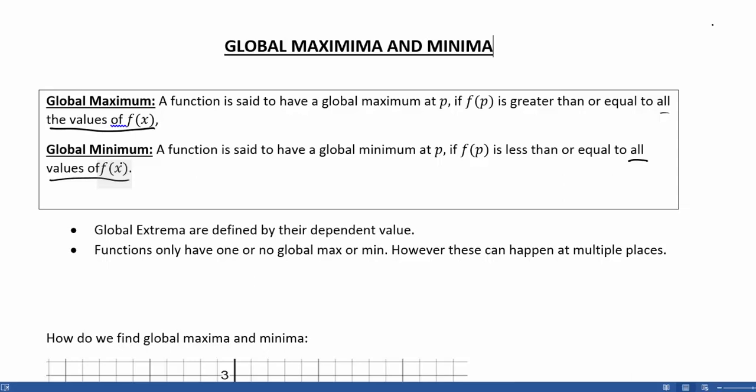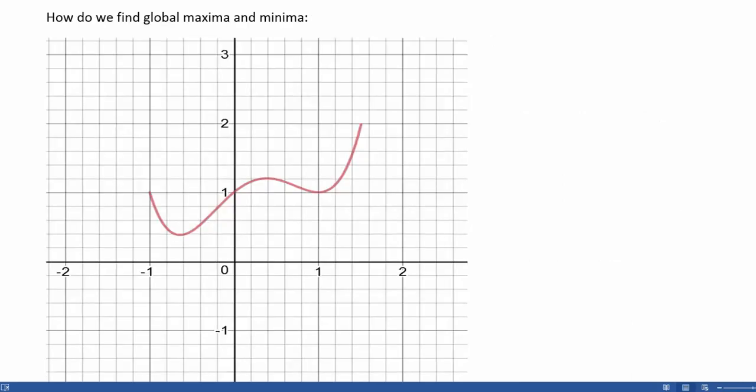So let's take a look at a graph and see if we can visualize what we're talking about when we talk about global maximums and minimums. Looking at the picture below, we have a function that's defined from -1 until roughly 1.5. So if we're looking for global maxima or global minima, we're looking for the highest and lowest point on this function.